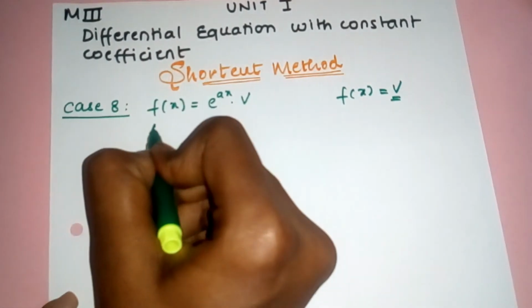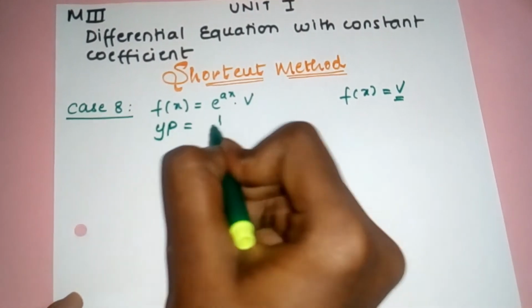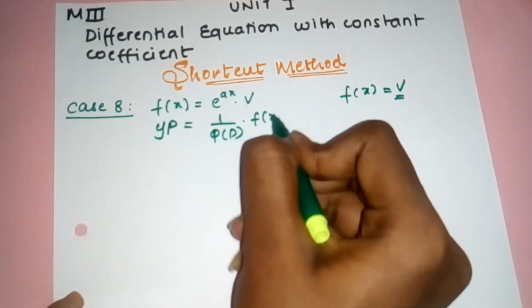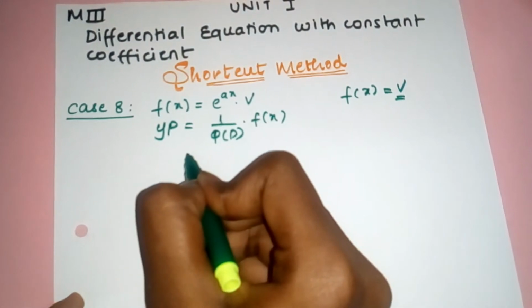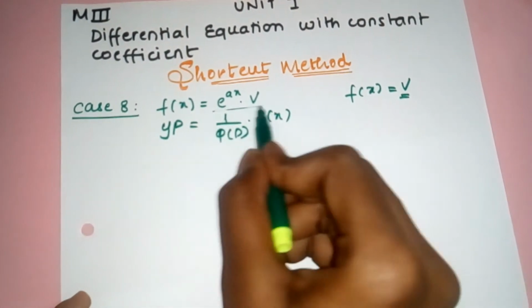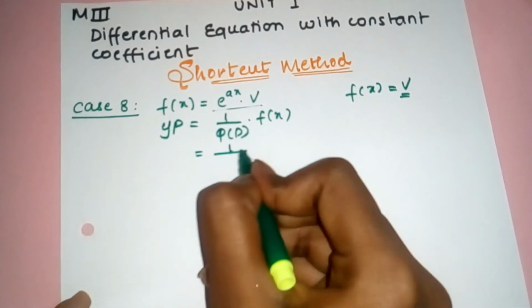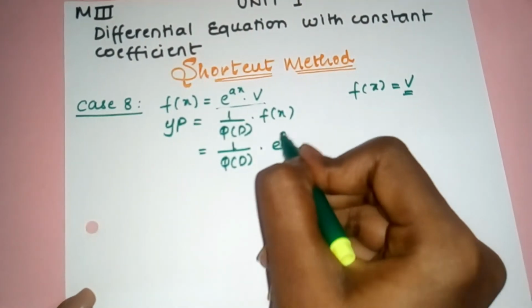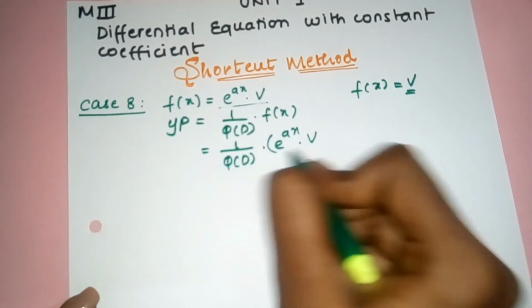As you all know, yp is equal to 1 upon phi of d into f of x. Then if our f of x is equal to this part, we can put it as 1 upon phi of d into e raised to ax into v.